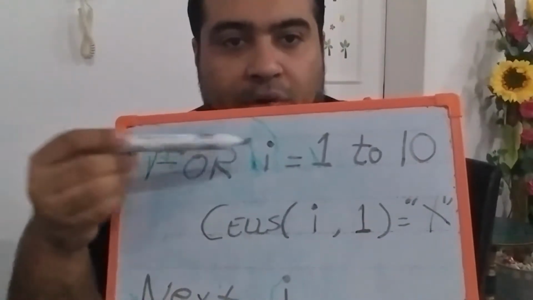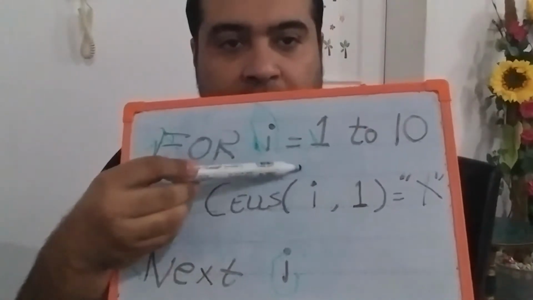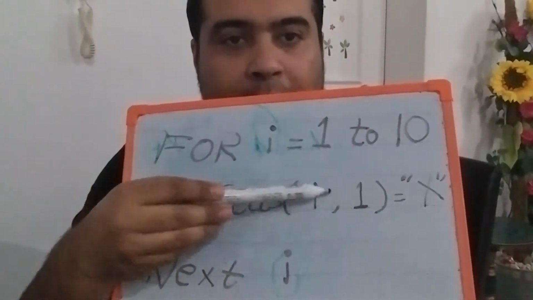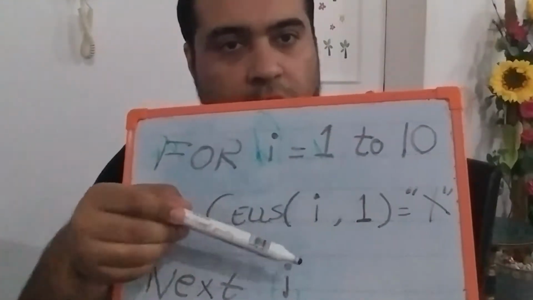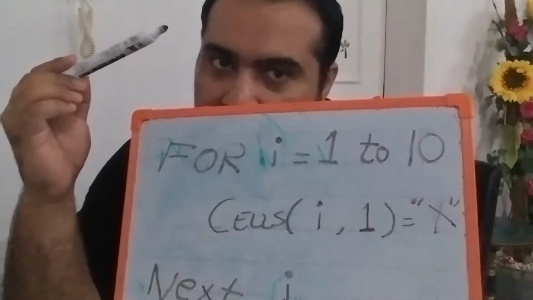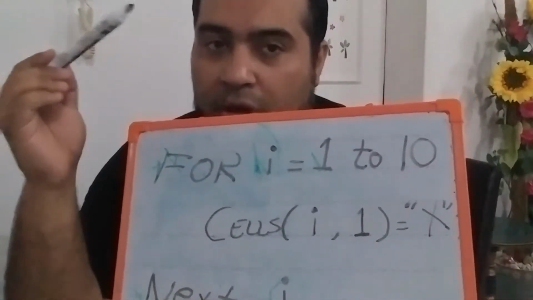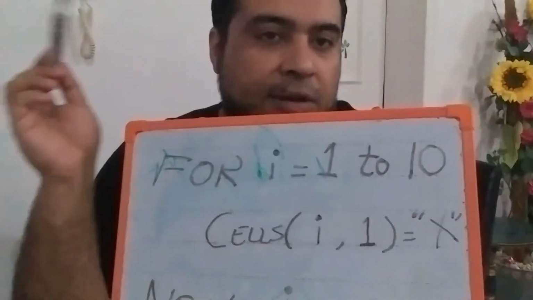Next time the loop runs, I will get incremented to 2. Then it will be Cells(2, 1), so second row, first column. Then third row, first column. Fourth row, first column. In this way you will see that in the first column, for 10 rows, the X will get populated.